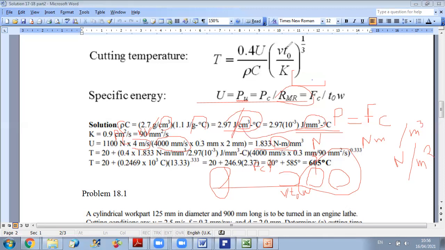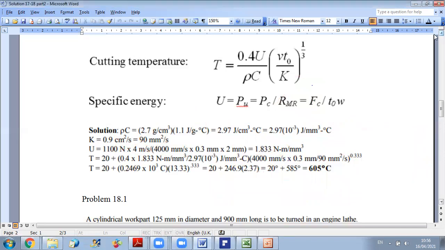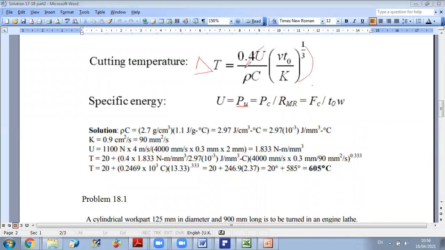Just please pay attention. This formula does not give you T, it gives you delta T. So if you want to obtain T, you should calculate this factor and add to it the ambient temperature, plus T ambient. So this is what they did. They calculated the value of delta T and they added to it the ambient temperature to get the total temperature in degrees.